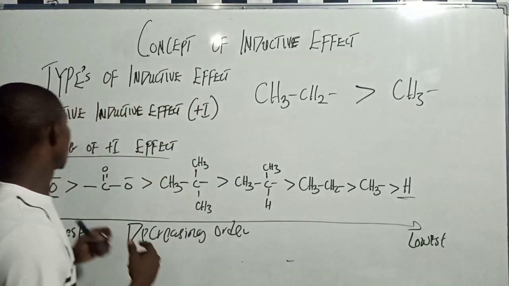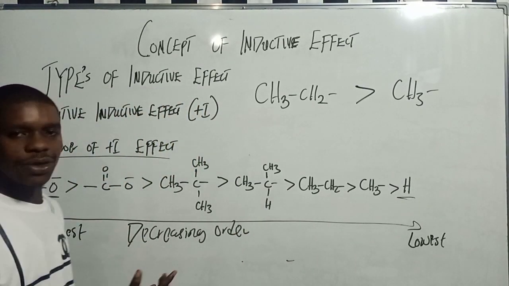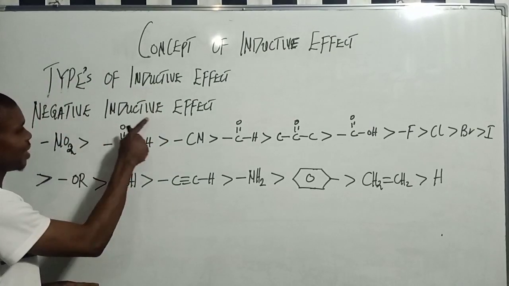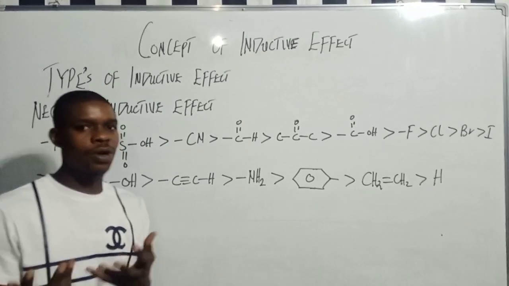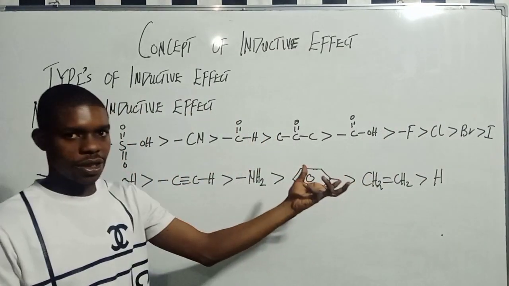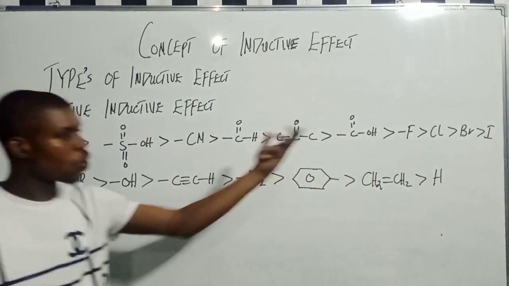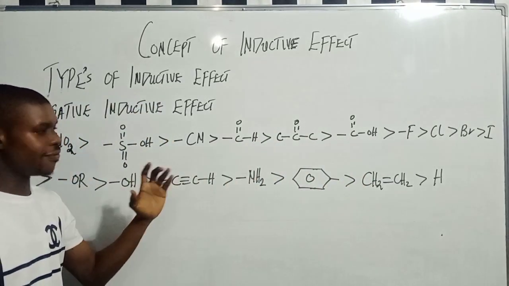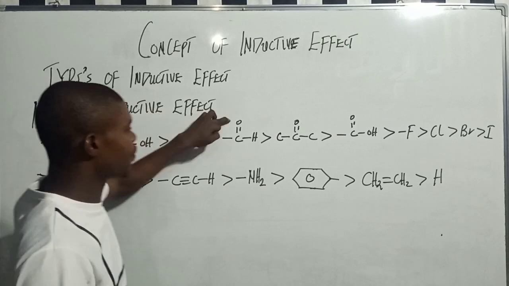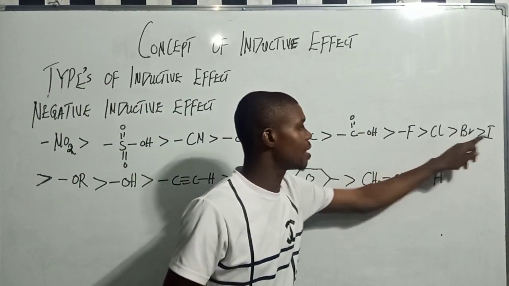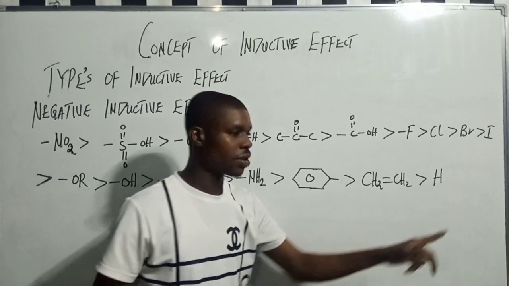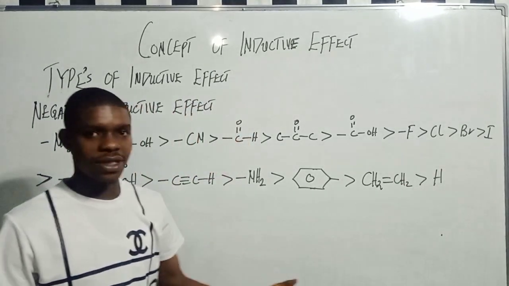Let's move towards negative inductive effects. We have already looked at negative inductive effects. You can see that chlorine is a negative inductive effect, so it's part of it, but chlorine is not the only negative inductive effect we have. We have 1, 2, 3, 4, 5, 6, 7, 8, 9, 10, 11, 12, 13, 14, 15, 16, 17.